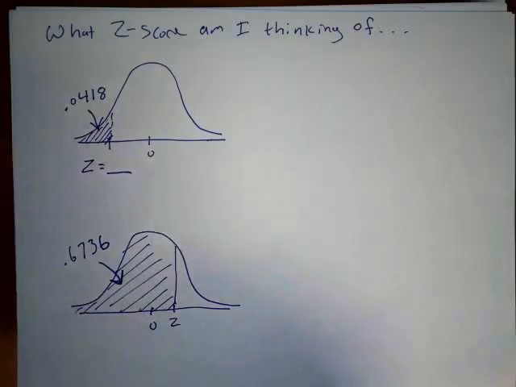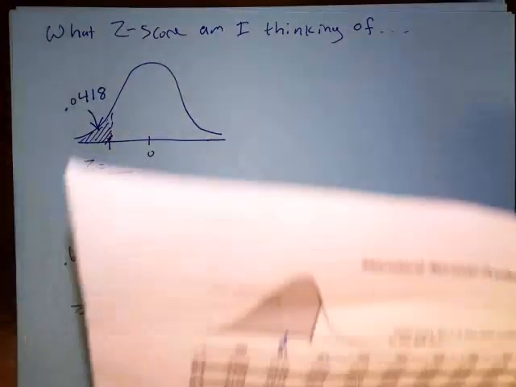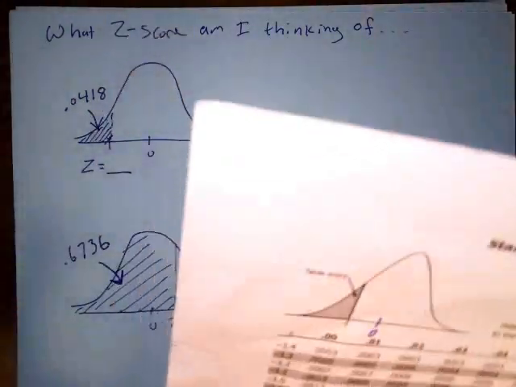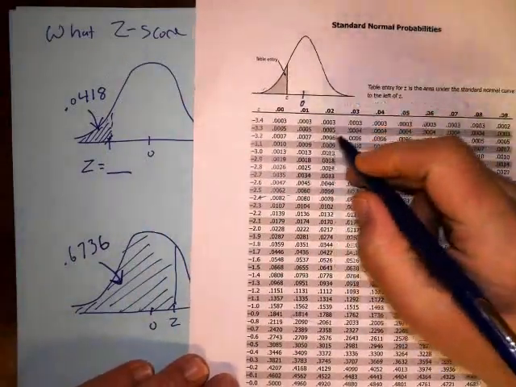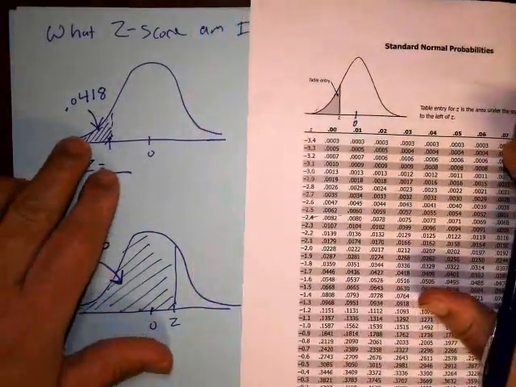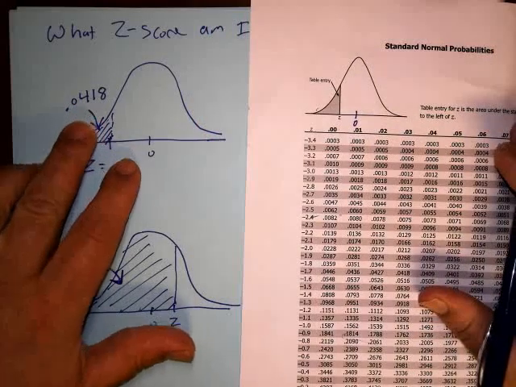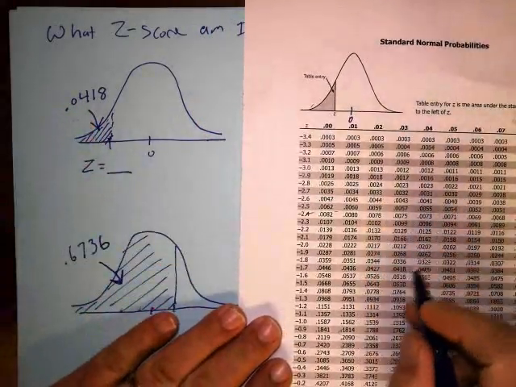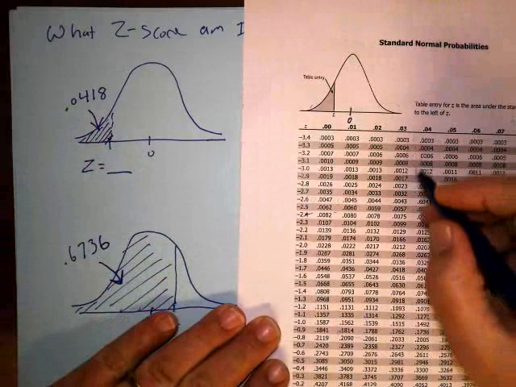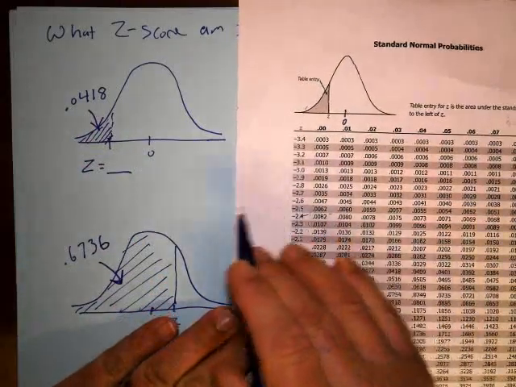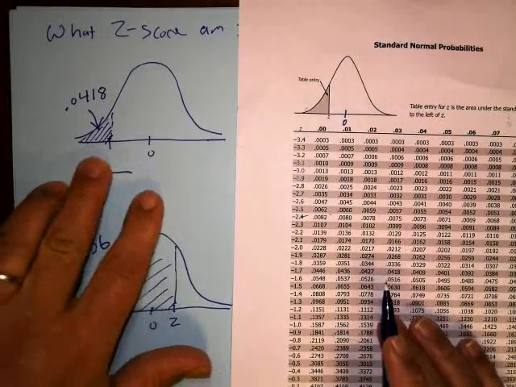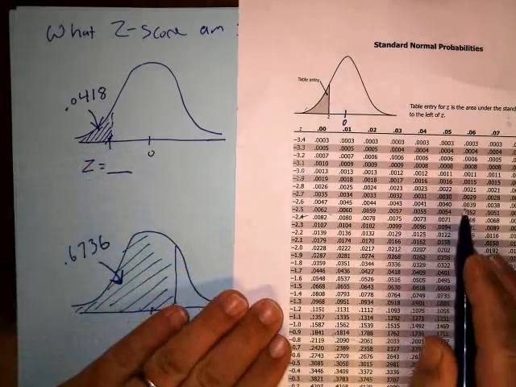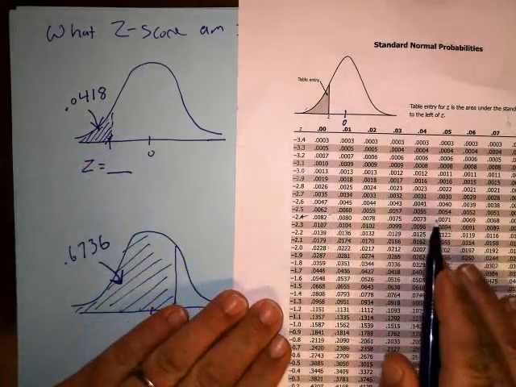Okay, so let's check and see if this is what you did here. When you look for the Z-score, you're looking for this area in the table, because normally you look up the Z-score and find the area. So I'm going to look for 0.0418 in this table, and I'm looking on the negative side of the table.